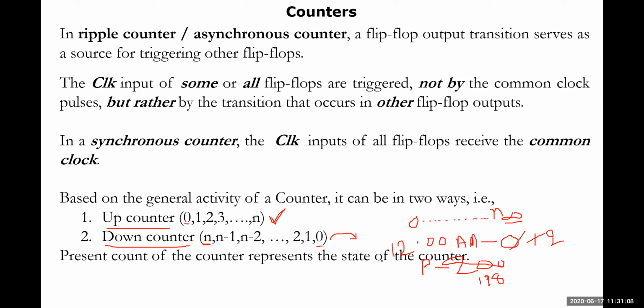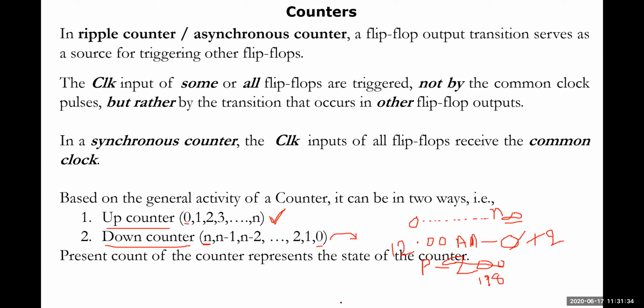However, what is the present state of the counter here? The present state is the state of that particular counter which is maintained. For example, an up counter initially starts at 0. After 2 operations, it will be set to 2. The present state will be 2. The down counter also starts with n.